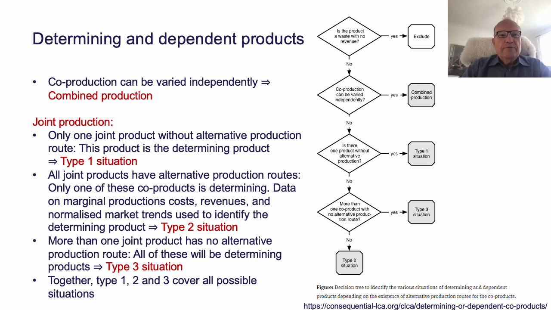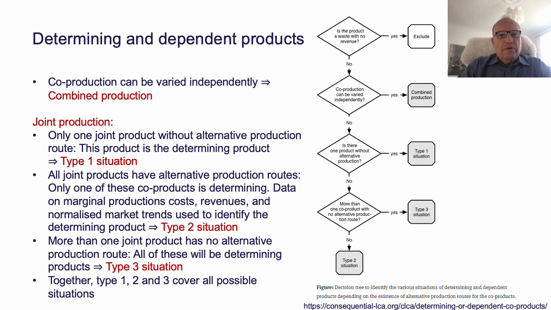In the procedure for describing determining and dependent products, we start by excluding those outputs which are just wastes and provide no revenue to the activity.